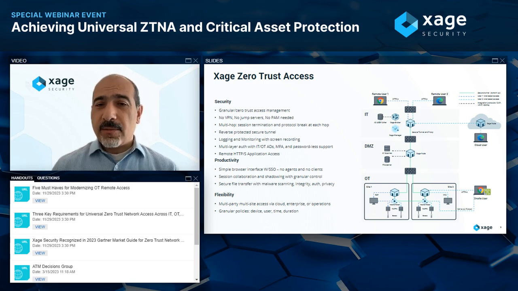In this case, what you see here deployed is ZH Fabric nodes. They're deployed in various environments in the cloud and the enterprise, DMZ, and operational sites themselves.